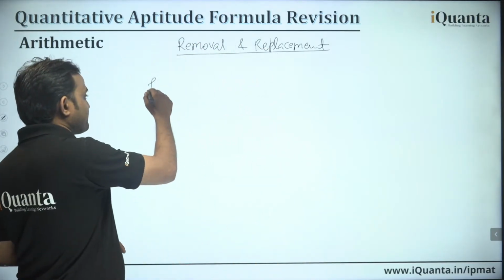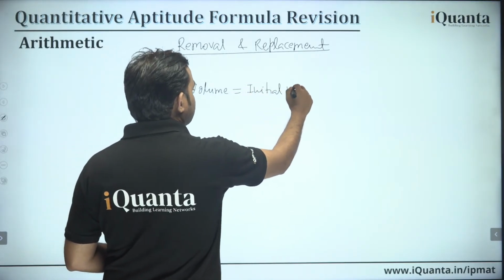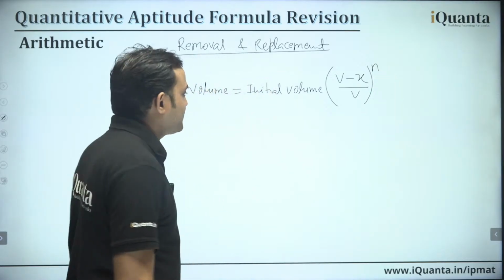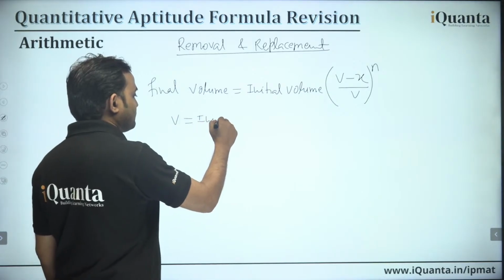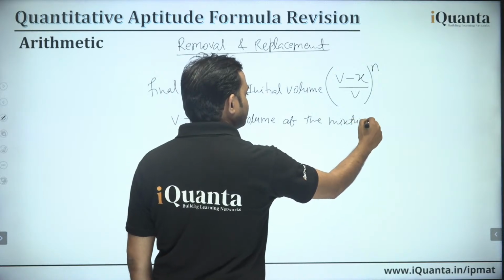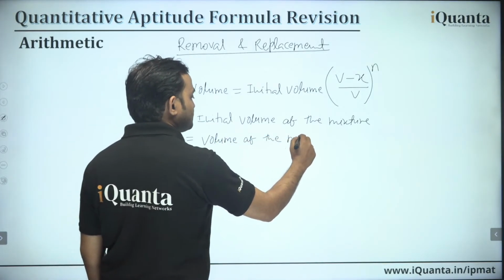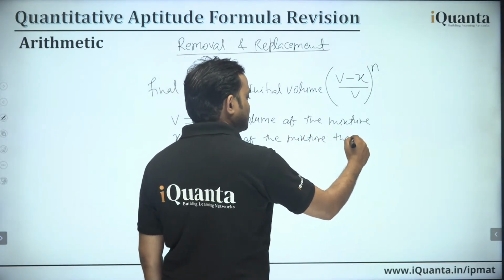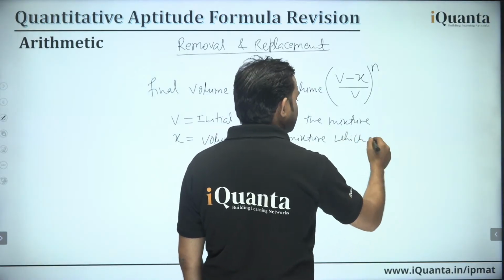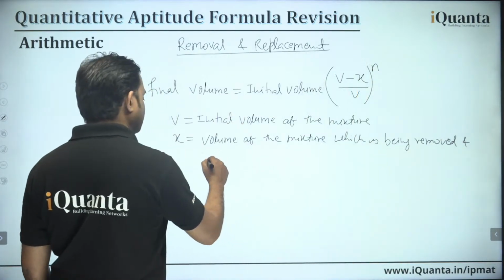So for that we can say that final volume is equal to initial volume into (V minus X upon V) to the power n, where V is the initial volume of the mixture and X is the volume of the mixture which is being removed and replaced.